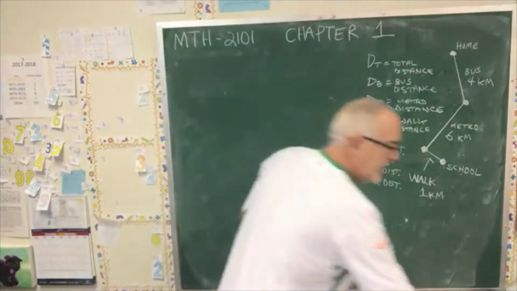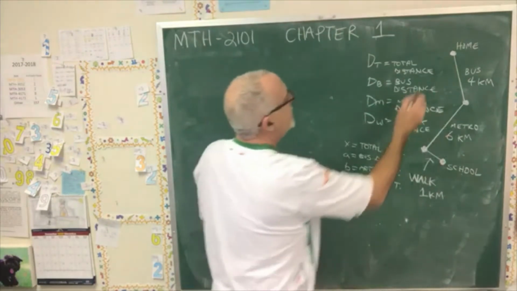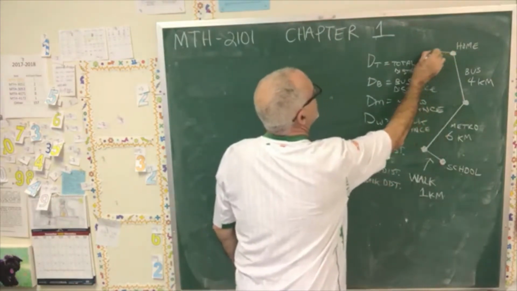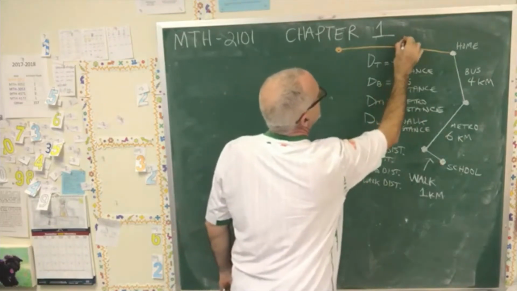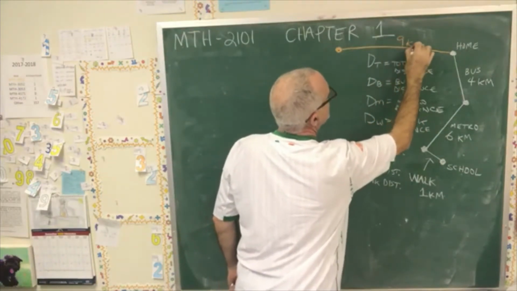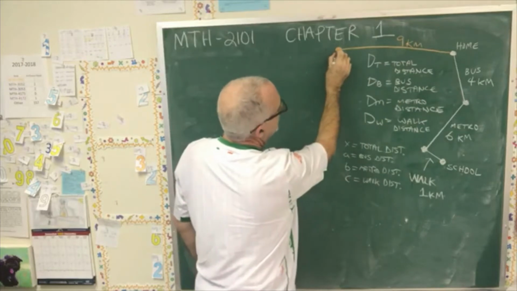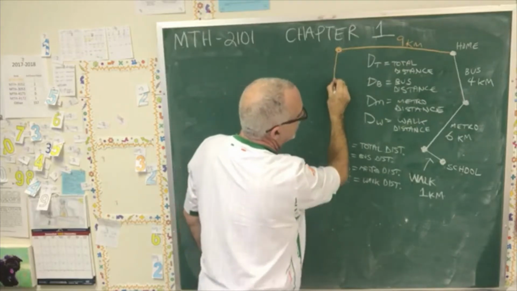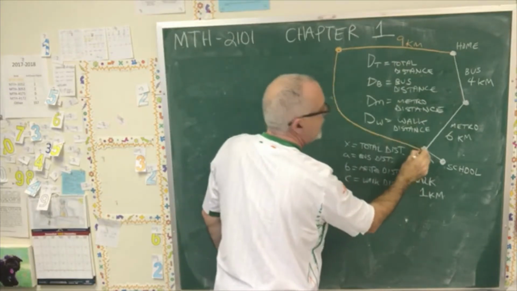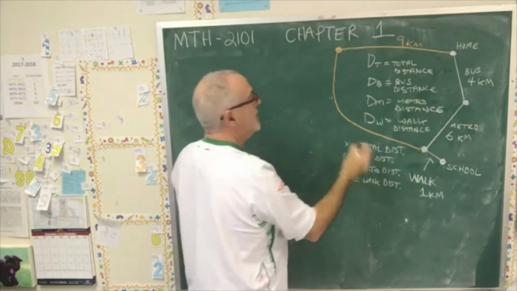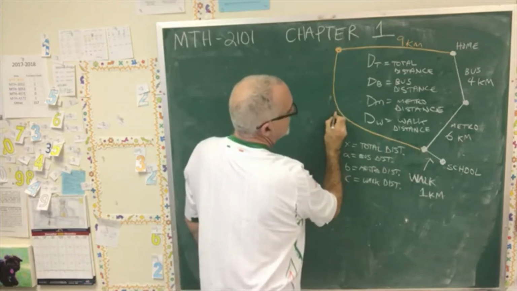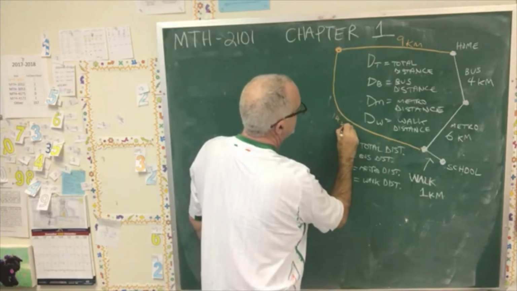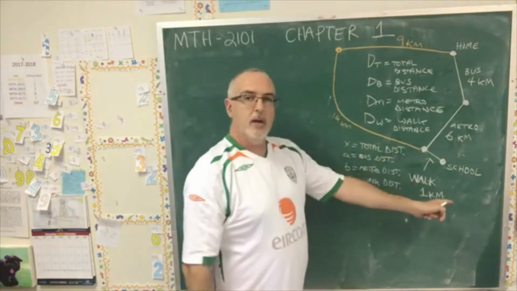What if, using the orange chalk, I can take a bus over here and it's 9 kilometers, and then I take a metro line that curves around this way and gets to the same metro stop, but by a different route. And let's say that's 14 kilometers. But I still end up walking 1 kilometer to school.